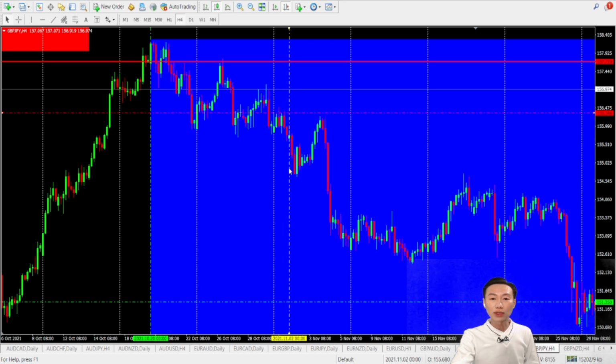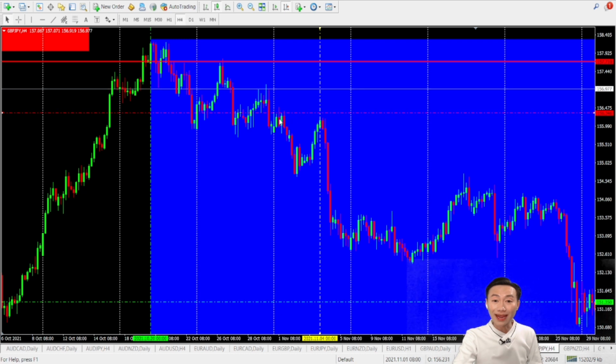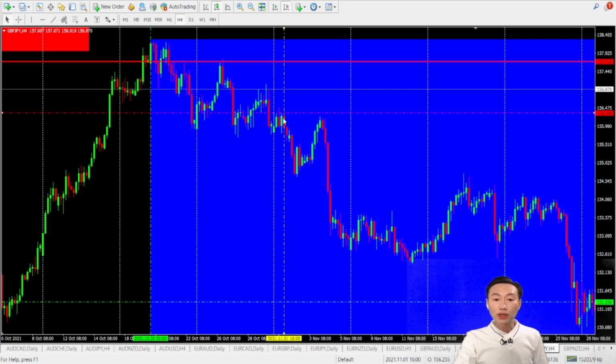It starts to go down all the way and then comes back here to test the resistance over here. This newly built up resistance is at the time of 2021, 1st of November, 1600 hours.